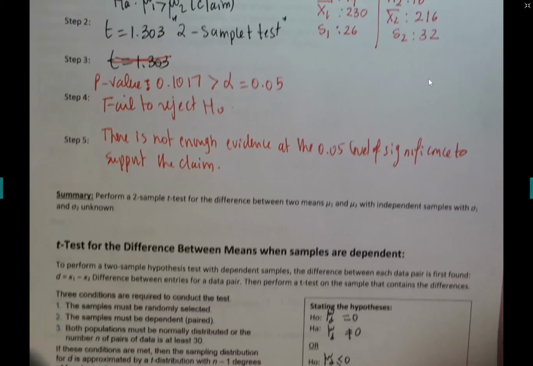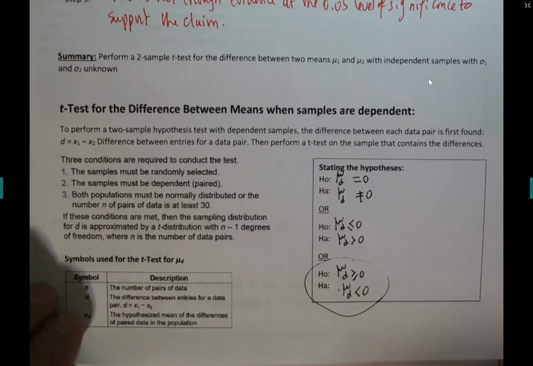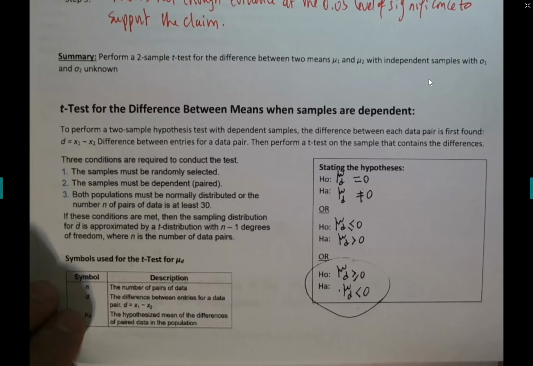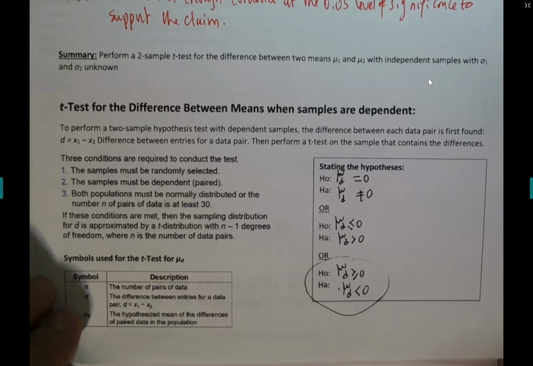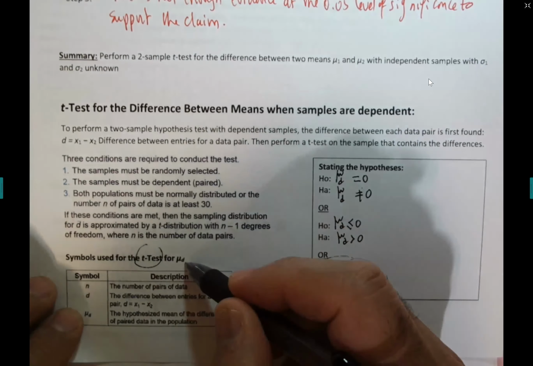And just to go back to the introduction, the conditions of the test: the samples must be randomly selected, they must be dependent, and the population must be normally distributed, or the sample size must be at least 30. Here he gave me a sample size of 8, but he mentioned that the populations are normally distributed. And then you always do the difference and use a t-test against mu of 0.